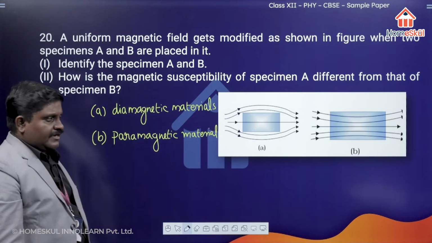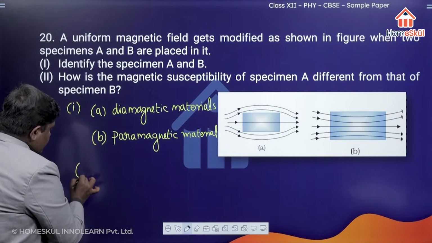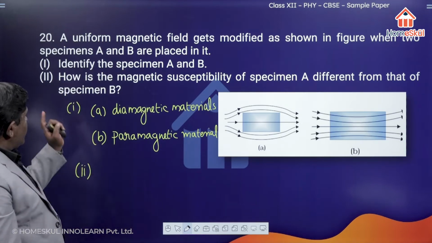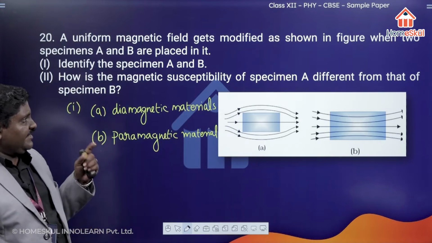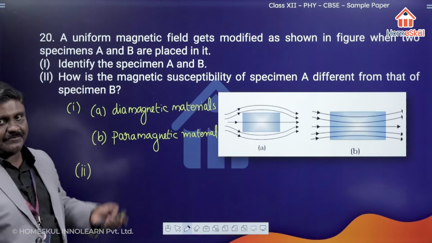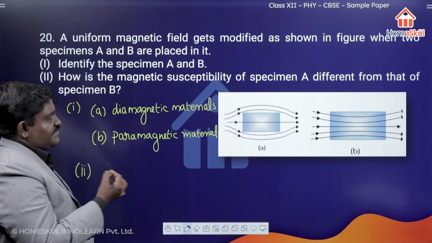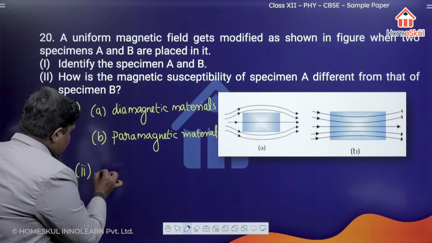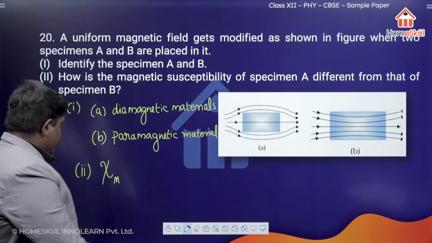Now go for the second question. The second one is, how is the magnetic susceptibility of specimen A different from that of specimen B? Here we have to find out magnetic susceptibility, that is chi-m.